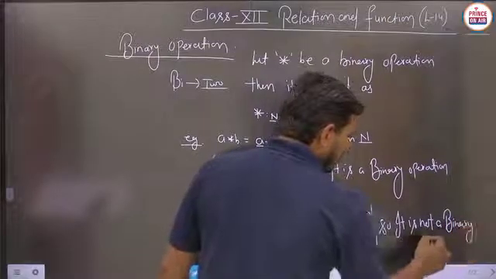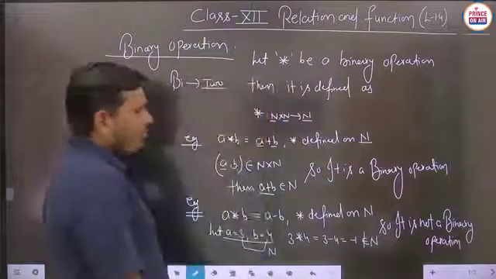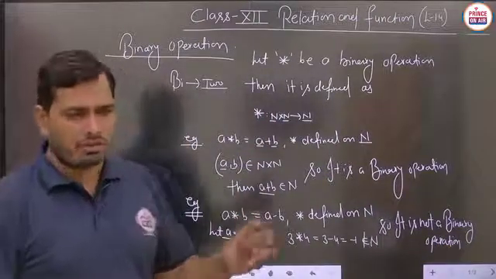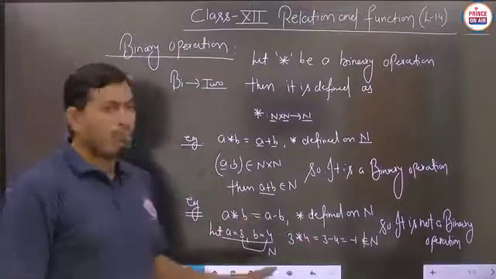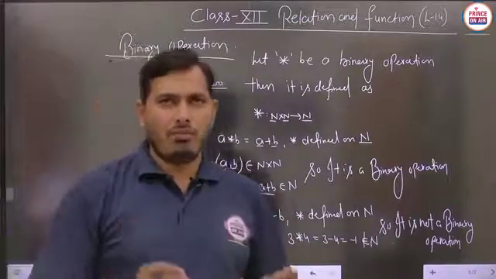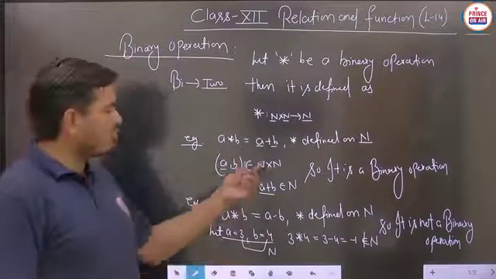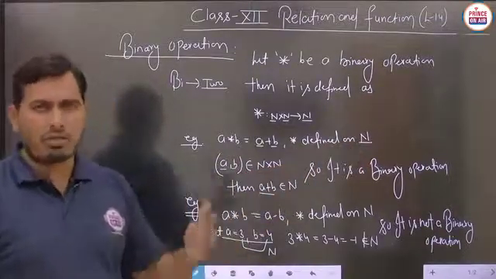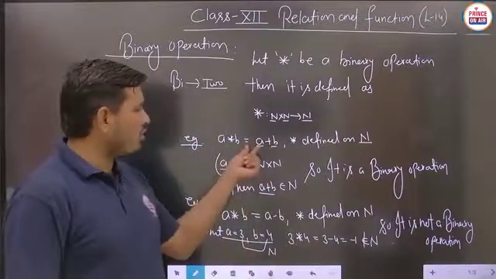So basically, student, in a binary operation, first of all we have to check whether the given star, the symbol generally used for binary cases, is binary or not. For this we take two natural numbers, or numbers from whichever set the star is defined on, and apply the star operation between them.